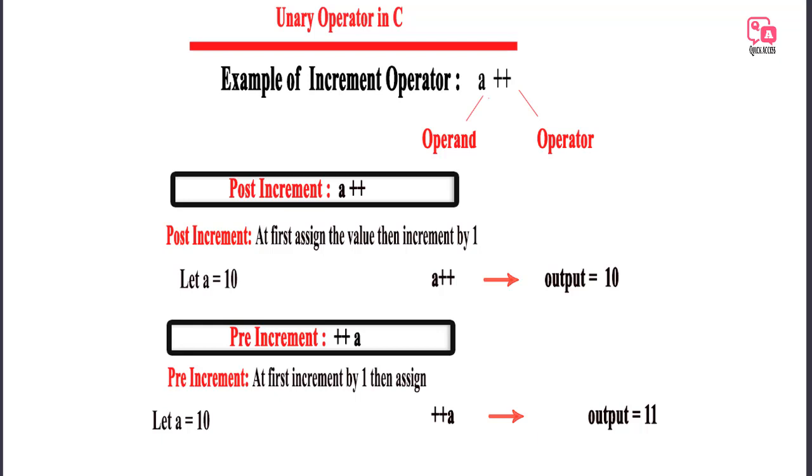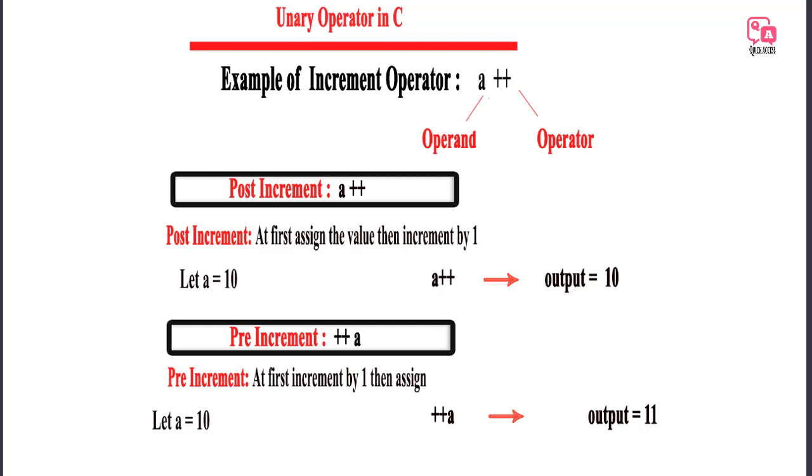And A is an operand. Without an operator we can't make any calculation, and without an operand we can't make any calculation either. So operator and operand both are required to make the program or to make the calculations.